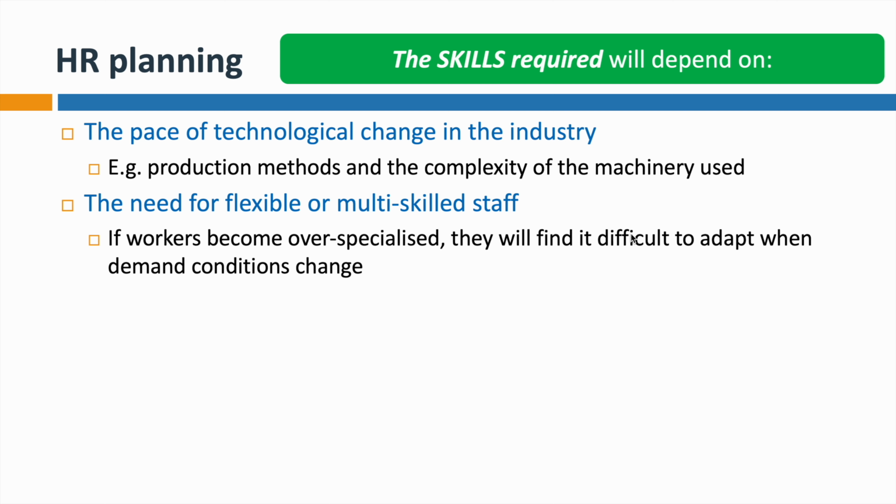The idea is that if you are multi-skilled, it will be much easier for the business to adapt to any changes, for example, when the demand conditions change. And so this is why businesses should want to have multi-skilled staff.